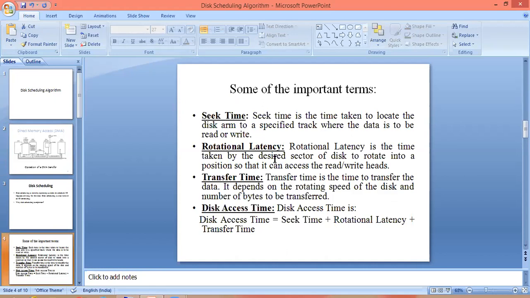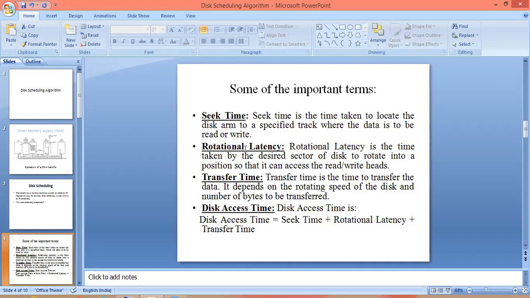In short, first clear this concept: the disk is a secondary memory, a combination of cylinders; cylinders are a combination of tracks; each track consists of sectors. To identify and read or write data in a particular sector, some time is required. That required time is known as seek time.